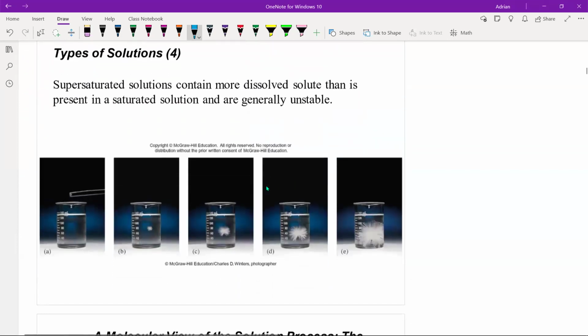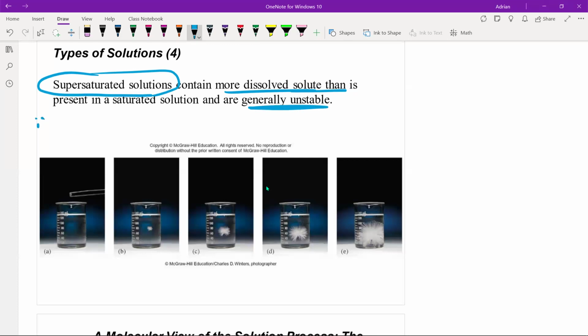Under certain circumstances, we can exceed the maximum amount of solute, and that is called a supersaturated solution. These types of solutions contain more dissolved solute than is present in a saturated solution. And they're inherently unstable by nature.